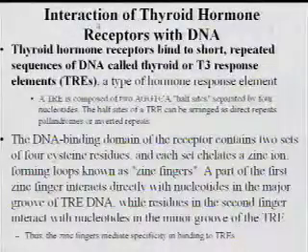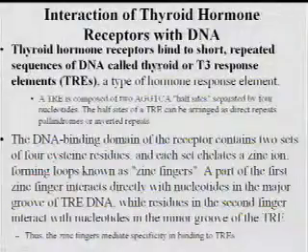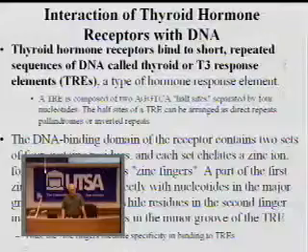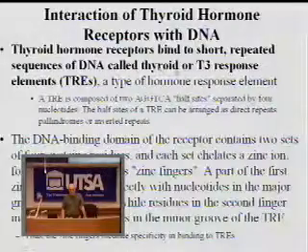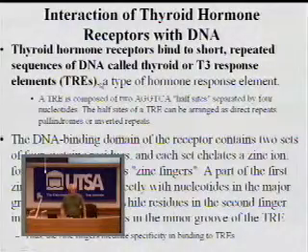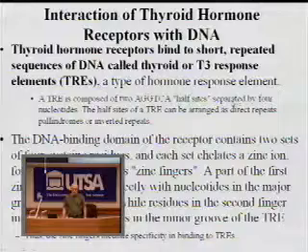Now let's consider the interaction of thyroid hormone receptors with the DNA. The thyroid hormone receptors bind to short repeated sequences of DNA called the thyroid or T3 response elements, or the TREs, as we have indicated previously, a type of hormone response element.